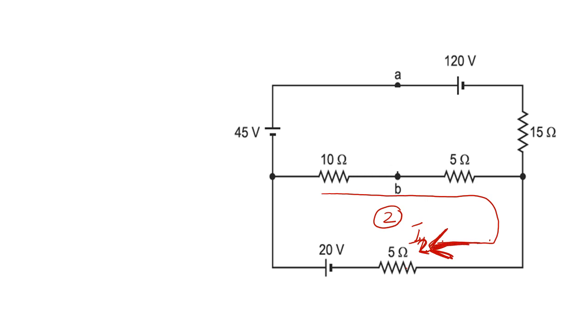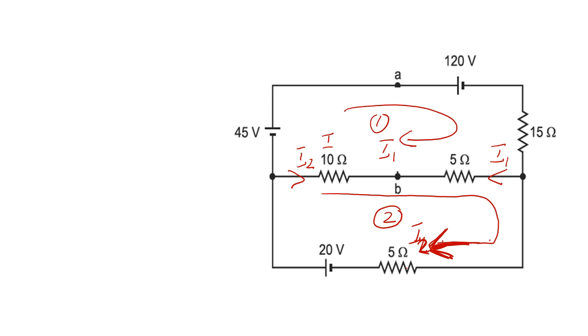Now if I see the 10 ohm resistance, in loop number 1 the current passing is I1 from this side and I2 from this side. When we are in loop 1, we take the current I1 minus I2 from the 10 ohm.